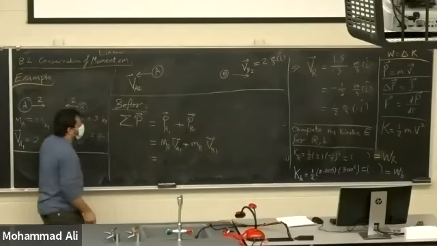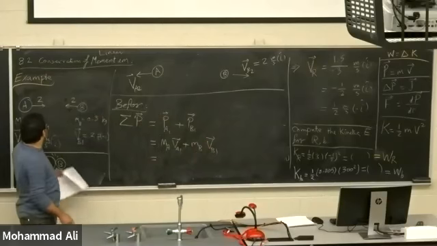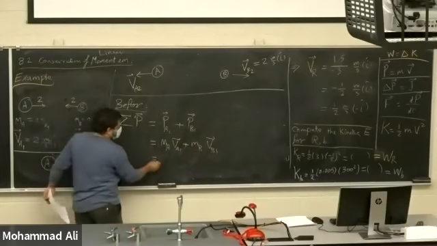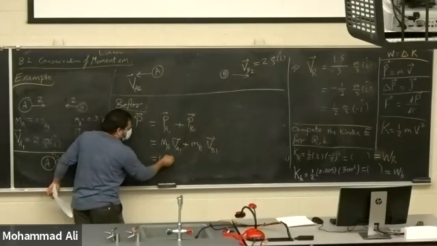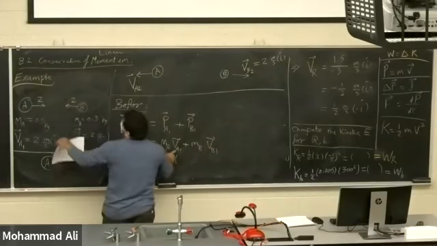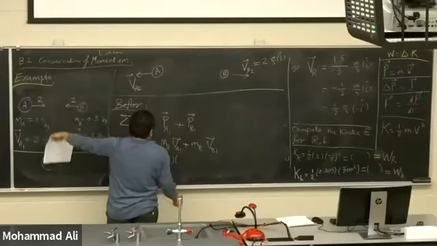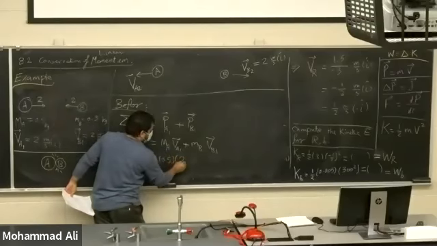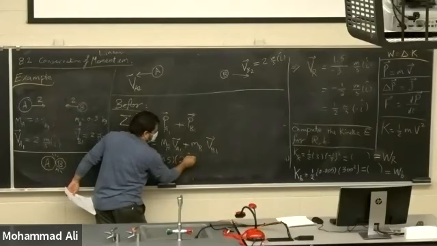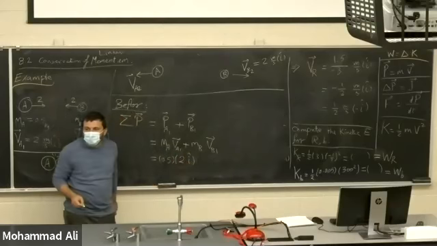Now we put in the numerical values. M A is 0.5, V for A is 2 I hat, right? We are talking about vectors.